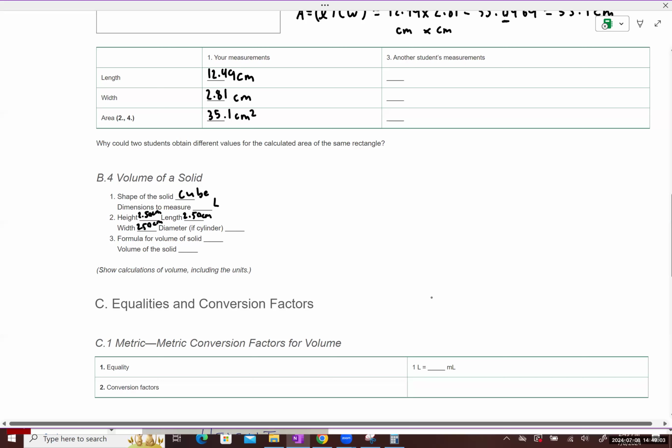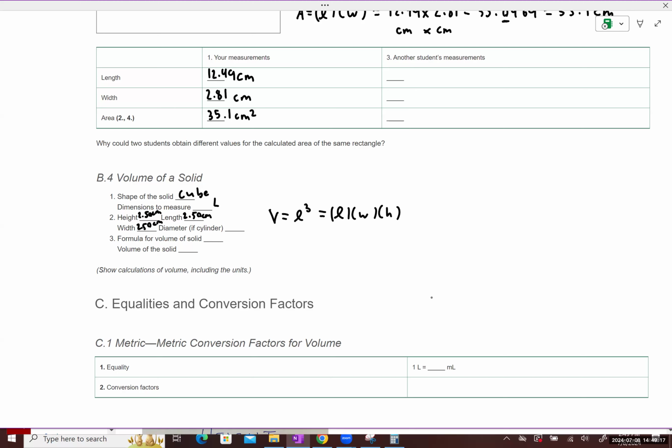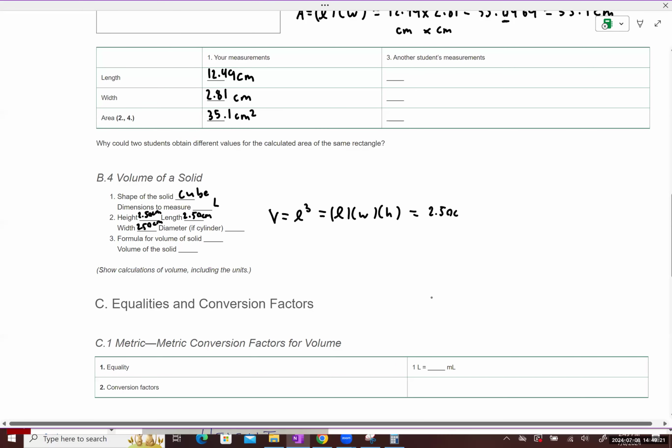So the formula for the volume, we can use length cubed in this case, or we could also write it as length times width times height. Both are applicable. These are identical for a cube. So plugging in the length, width, and height, we have 2.50 centimeters times 2.50 centimeters times 2.50 centimeters.